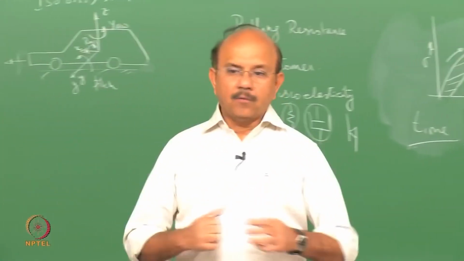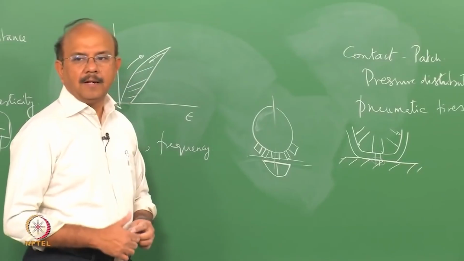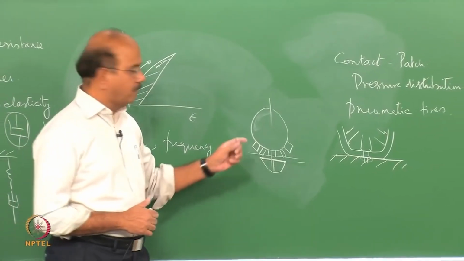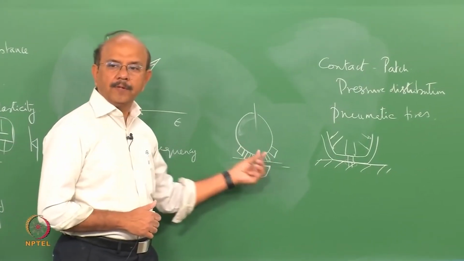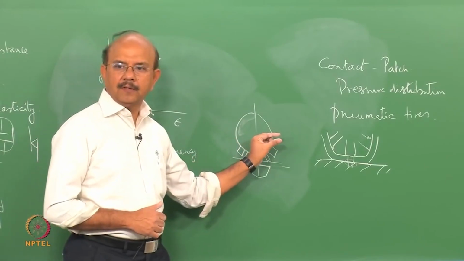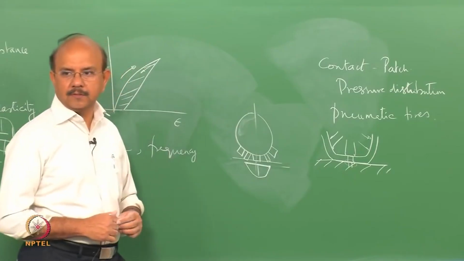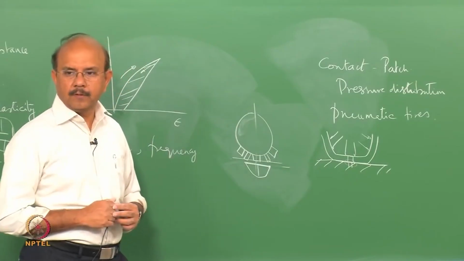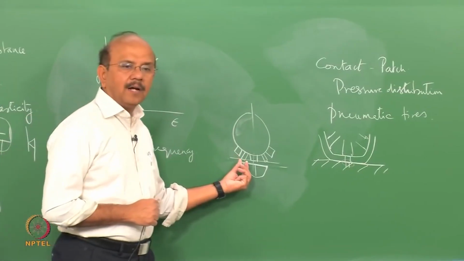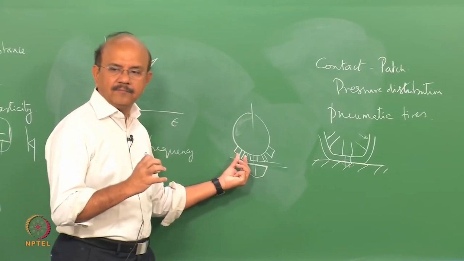Now here when I talk about this, I am only talking about the pressure because of the tread, as it travels along or around the circumference. So here I am looking at the pressure on the tread.